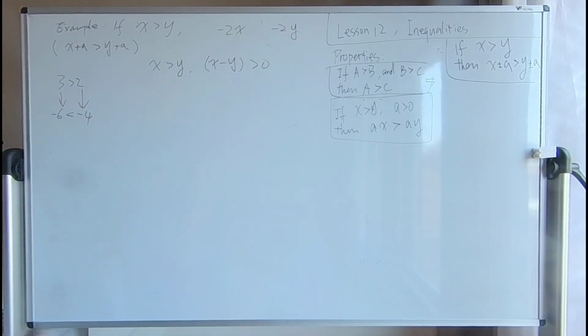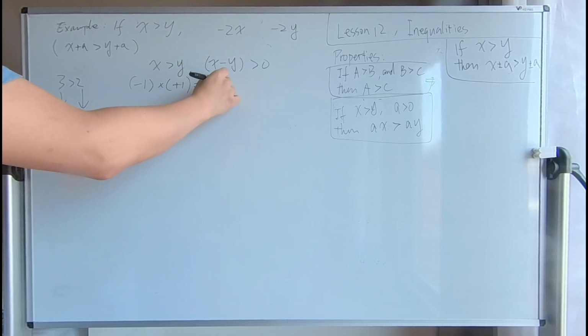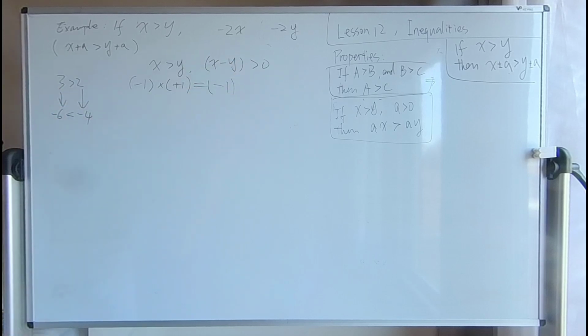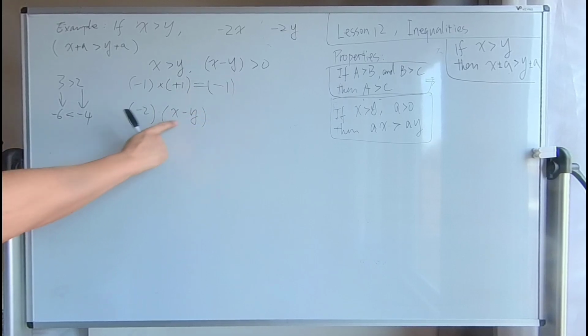This time I'm multiplying by a negative, so a negative number multiplying with a positive number is always negative, right? So now I have negative 2 multiplying x minus y. This is negative, this is positive, so the product of the two must be negative.